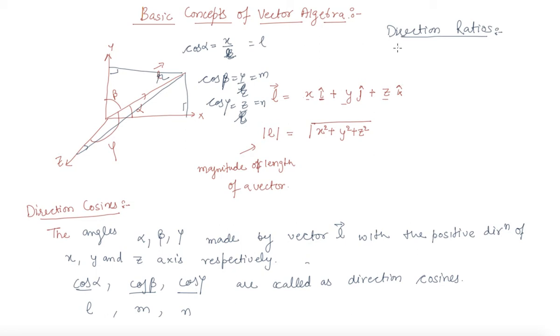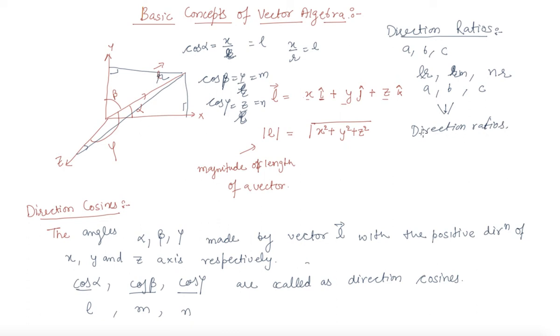Now we need to define the direction ratios of this vector R. These are denoted by a, b, c, and the numbers, as you know, x by R is equal to l, so x is lR, y is mR, and z is nR. These respectively denote a, b, c, and these are called direction ratios.